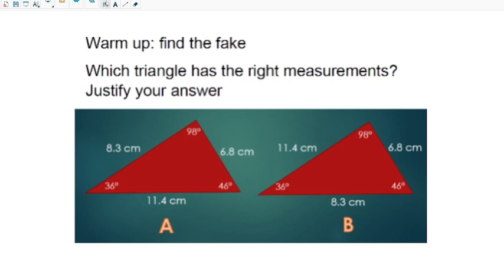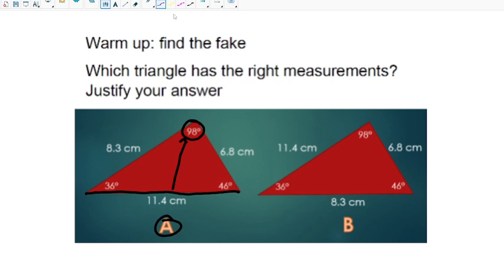So the big idea here is we can tell by looking that this is the longest side. So A must be correct. But the big learning takeaway is we see this is the longest side and it's opposite the largest angle.